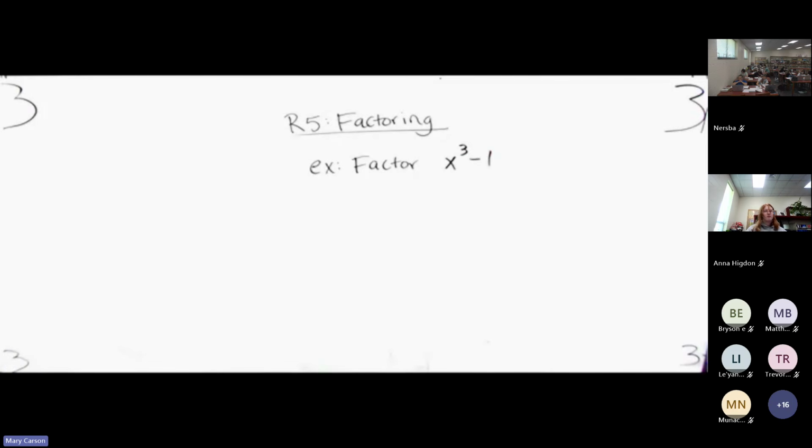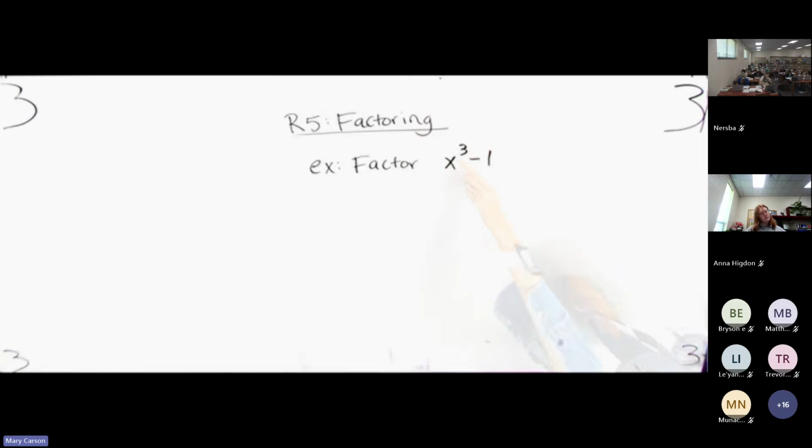All right, so this one, again, you have two terms. There's no GCF. And so then you look to say, is it a difference of squares, difference of cubes, sum of cubes? Well, it's definitely not a difference of squares. Why? Because squares means it's a perfect square.